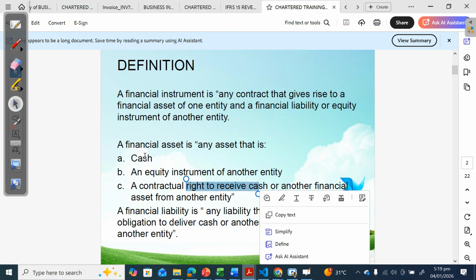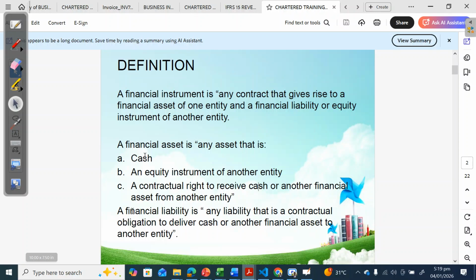You have the right to receive from the customer. So that becomes a financial instrument. Trade receivable is a financial asset, because it gives you the right to receive cash or another financial instrument from the customer.